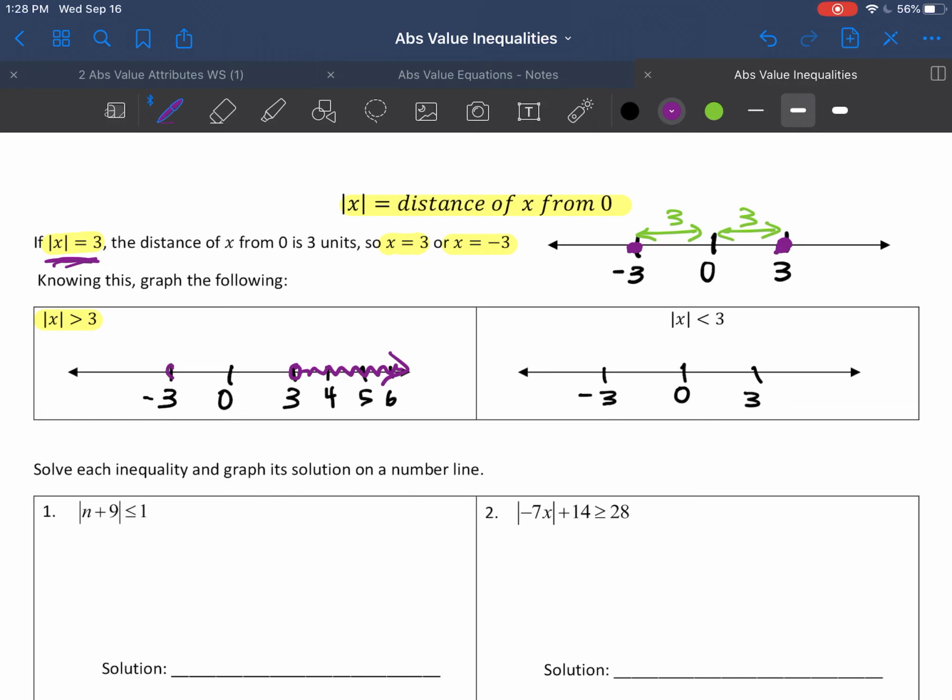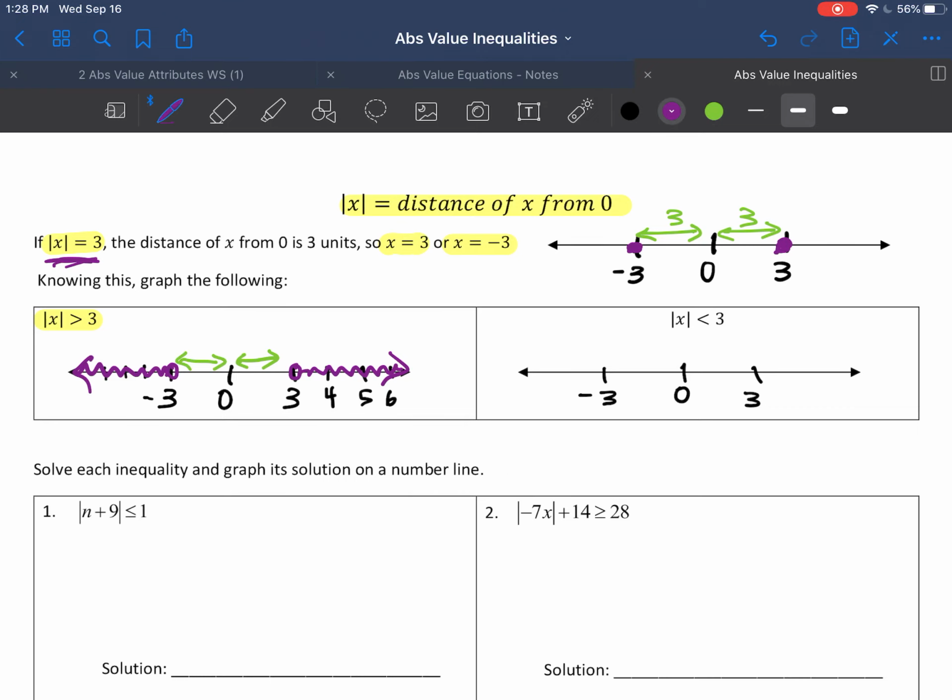Same with the values over here, negative 4, negative 5, negative 6, all of those negative values that are more negative than 3 are also a distance greater than 3 away. We just can't have anything within this spot.